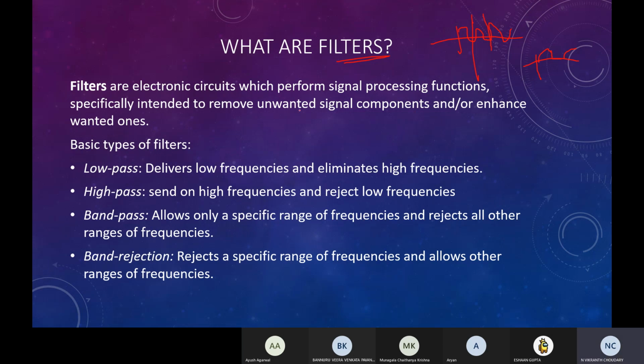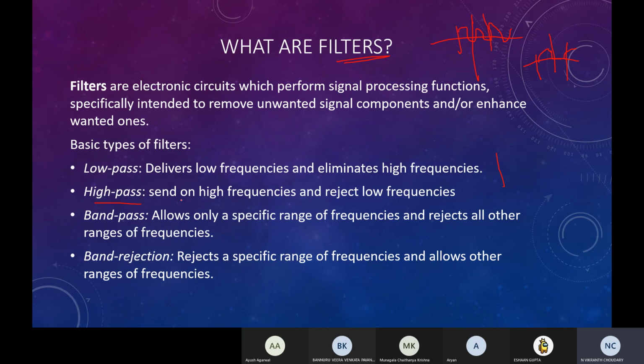And we basically define filters by how they filter out the input, like what frequencies they filter out. So there are low pass filters. These filters allow all the low frequency inputs and eliminate all the high frequency inputs. And there are high pass filters. These filters are opposite to low pass filters.